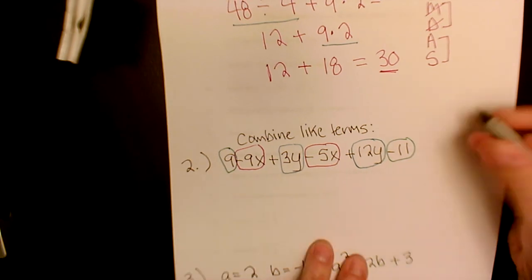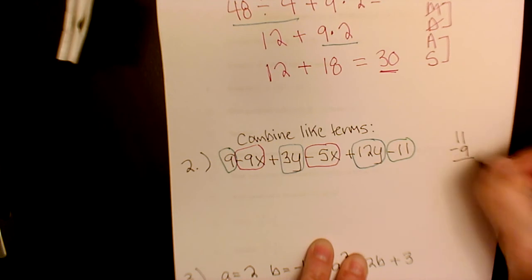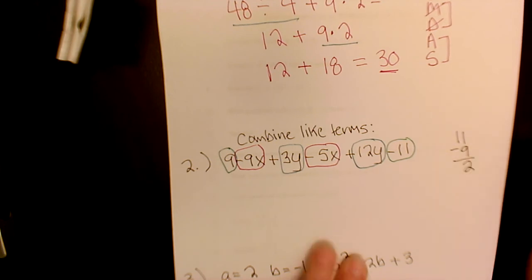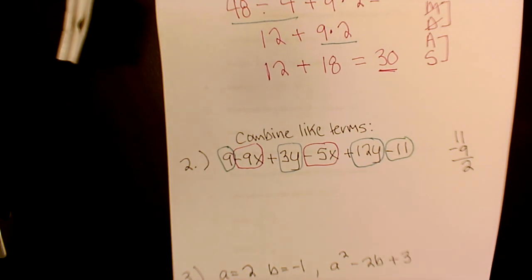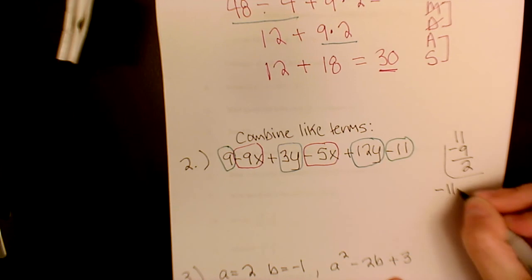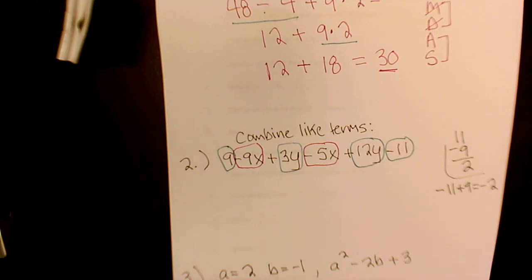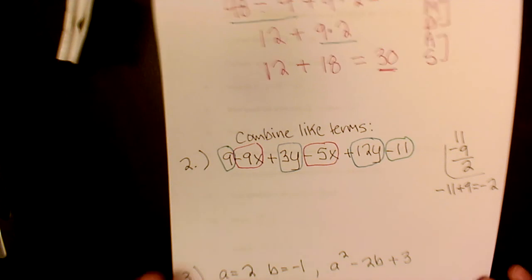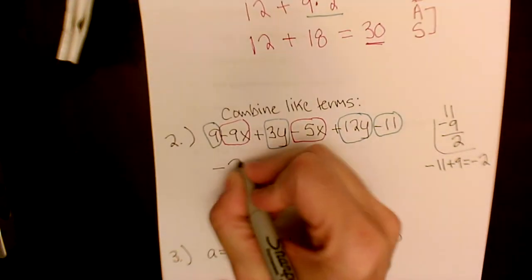So I subtract and that gives me 2, but I have more negatives. So minus 11 plus 9 gives me a negative 2. So I'm going to start with the negative 2.